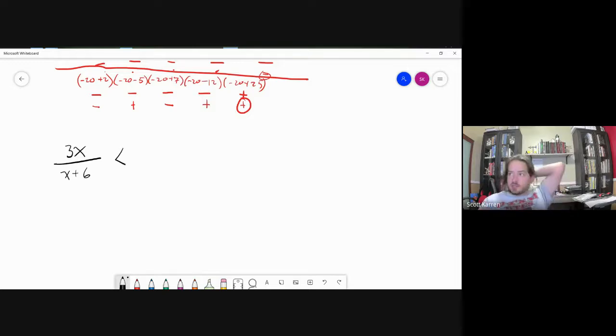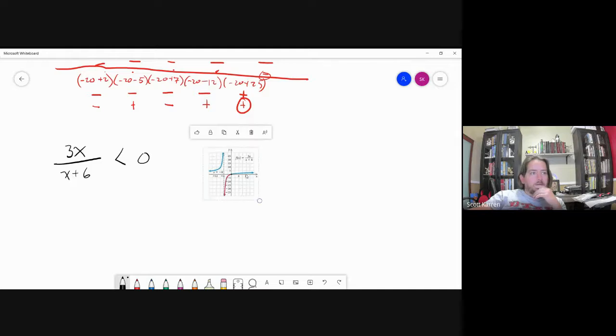3x over x plus 6 is less than 0. Right? So here I have a couple of issues. If I look at the graph of what this looks like, I might have that graph. It is right here. Yeah, there we go.